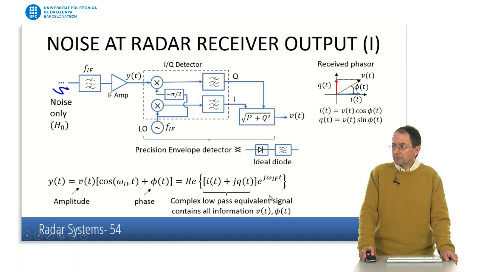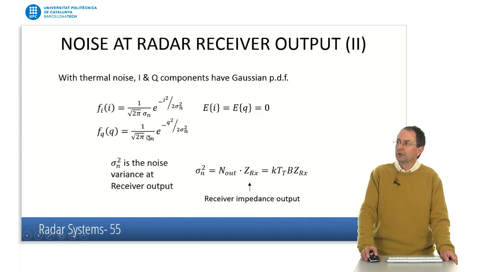Now, let's take a look at the statistics of this envelope. If the radar is processing noise, these IQ components of the noise are Gaussian. So this is the Gaussian PDF of the I, or real part, and Q, imaginary part, of the echo.